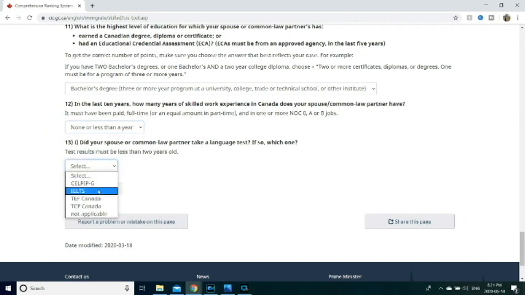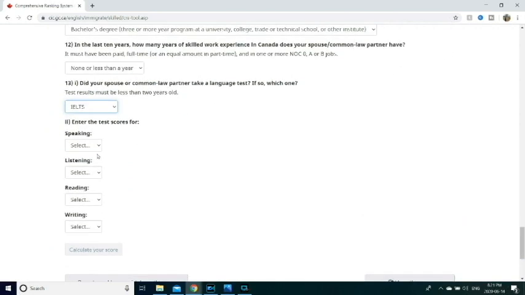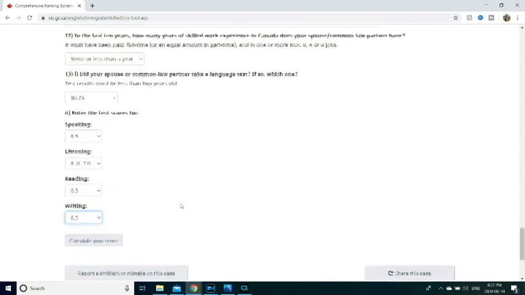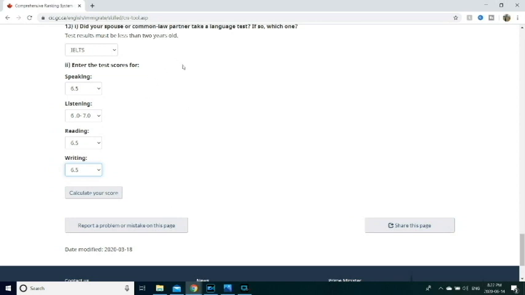Let's say the person has average English, and we are going to calculate 6.5 here, because generally one person has good command of English and the other has average. I'm just doing a very common scenario.